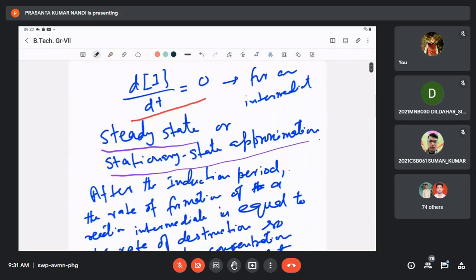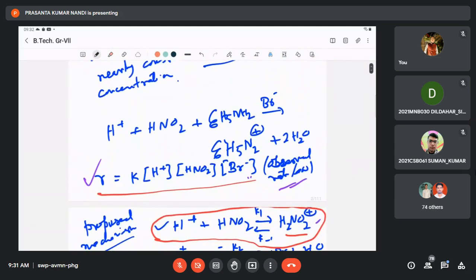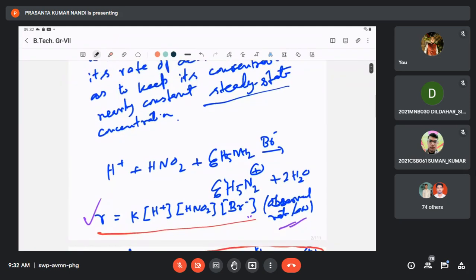Now, based on this idea, let us explain this rate law. This is a reaction you are familiar with, the nitrosation of aniline, and it produces the diazonium cation.